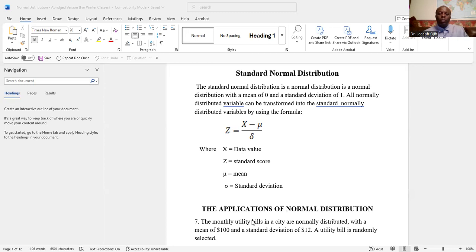And all normally distributed variables can be transformed into a standard normal distribution using this formula here. You can see the formula on the screen. Z equals X minus mean divided by standard deviation, where X represents the data value, Z the standard score, mu the mean, and sigma the standard deviation.